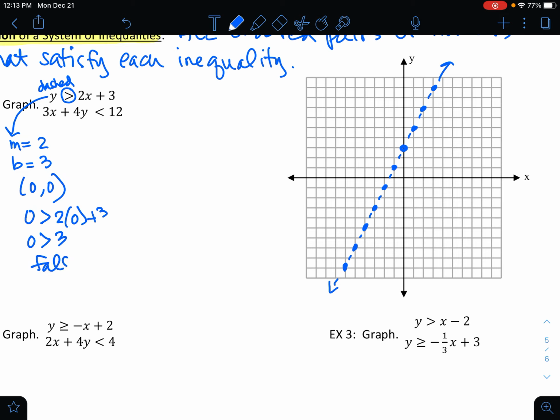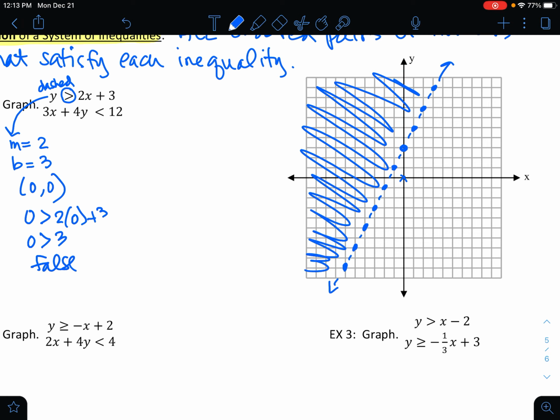No, that is not a true statement. So since 0, 0 is right here, I don't color that in. I jump to the other side of the line. So all of this is colored in. I'm going to switch colors here because I have a second line.